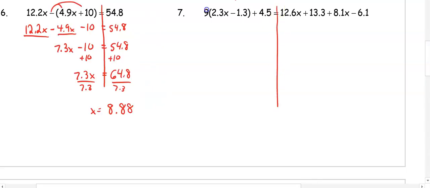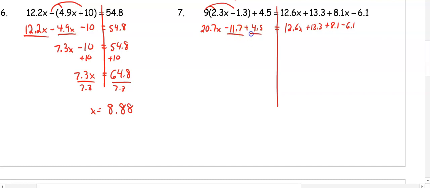In number 7, we have to distribute the 9. So we have 9 times 2.3, which is 20.7x, and then 9 times negative 1.3, which is negative 11.7, plus 4.5 is equal to 12x plus 13.3 plus 8.1 minus 6.1. So on the left-hand side, we can combine these numbers.